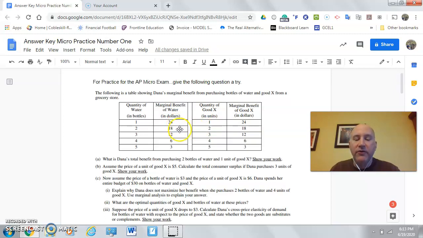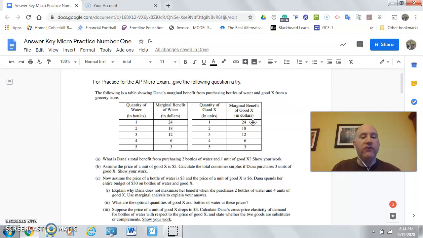No. What you have to do is do 24 plus 18, because if this is the marginal, we know the total benefit at 1 is 24, and then it goes to 18. So that's the marginal. Therefore, we have to add the two together to realize that the total benefit for 2 bottles is 42, if I do the math right in my head. And 1 good of X would be 42 plus 24, which is 66.